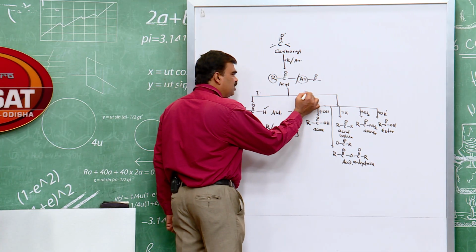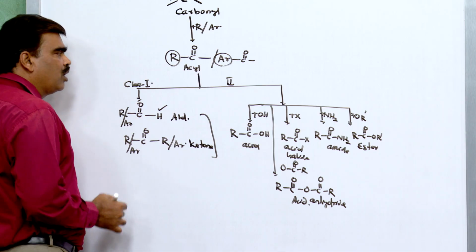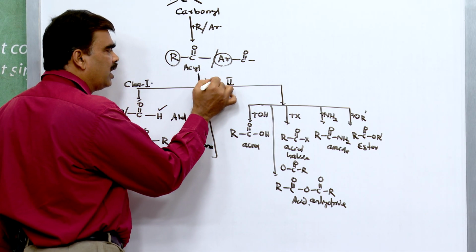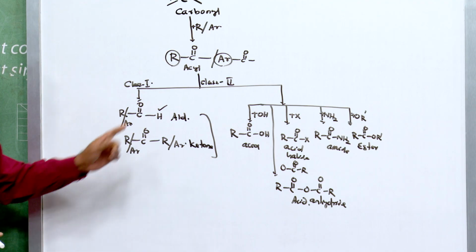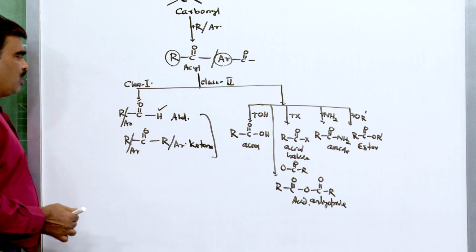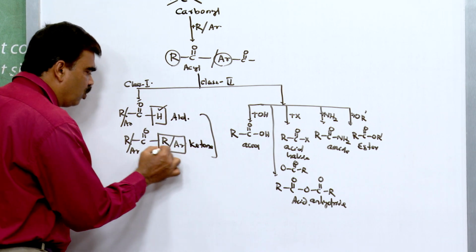What is the difference between these two? This is called class 1 type of carbonyl compound. These are called class 2 type of carbonyl compounds. What is the difference? In class 1 type carbonyl compound, you see here it is hydrogen or it may be alkyl or aryl group.